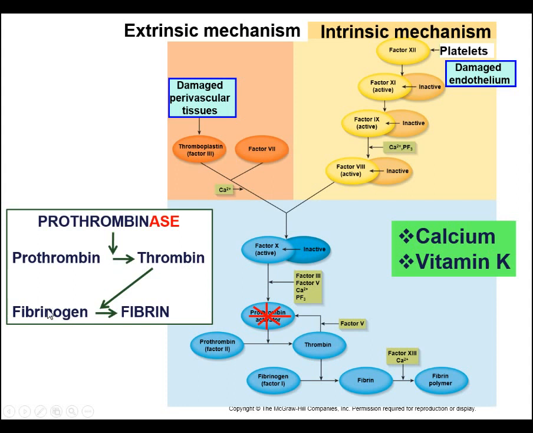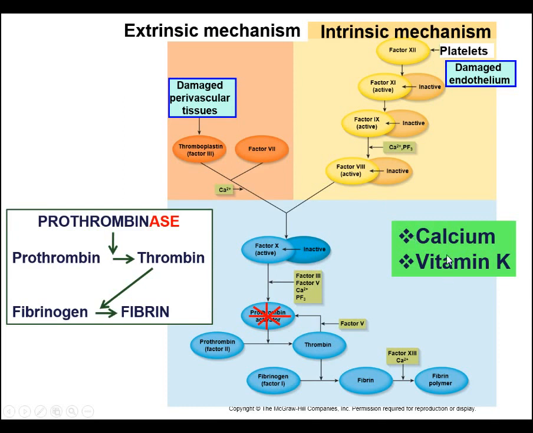Now, fibrinogen, which again is a clotting protein made in the liver, circulating in the blood, in the presence of thrombin, will then become the insoluble fibrin. Okay, the insoluble fibrin. So the fibrin then are the insoluble threads woven through a clot.